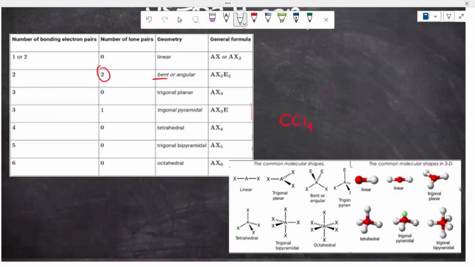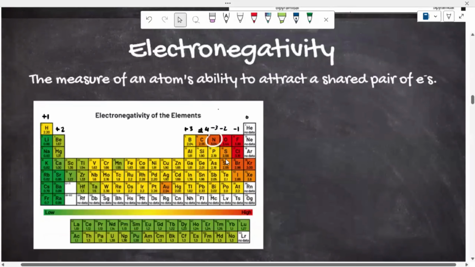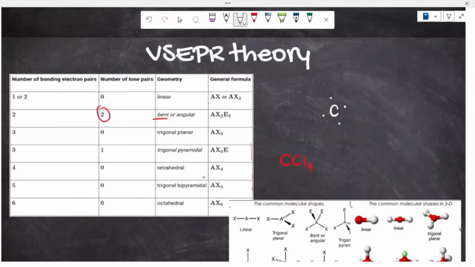So we know our carbon has 4 valence electrons, whereas our chlorine, let's go down to our periodic table, has 7, right? So our chlorine is going to look something like this. All of it is obeying the octet rule, because our carbon has 8, and then our chlorine all have 8.